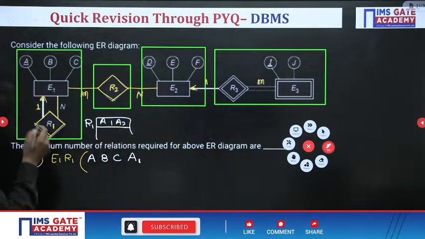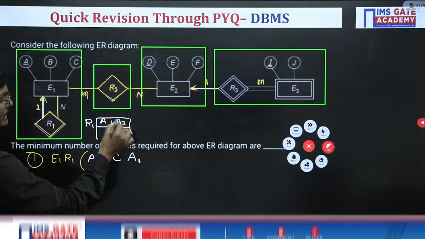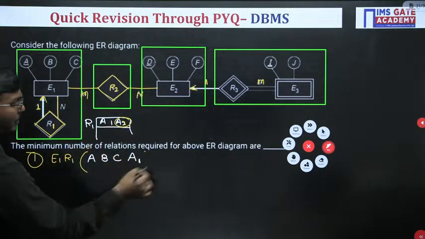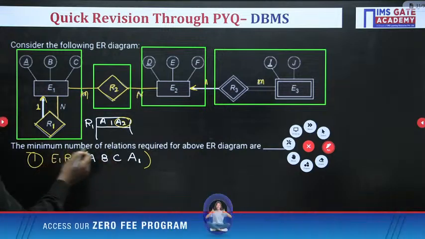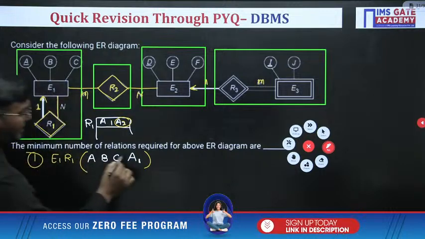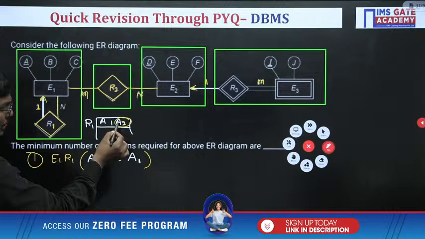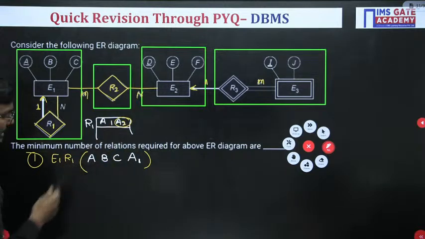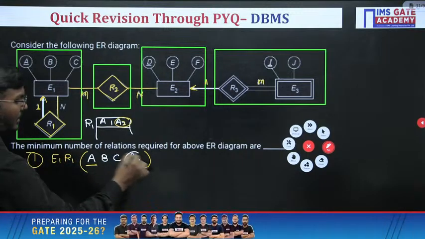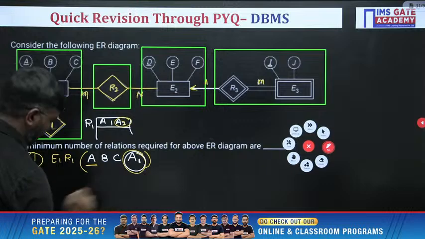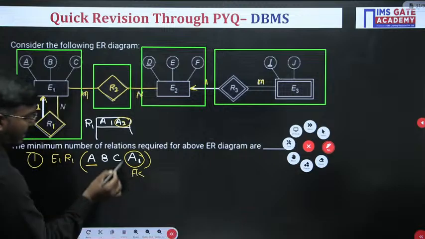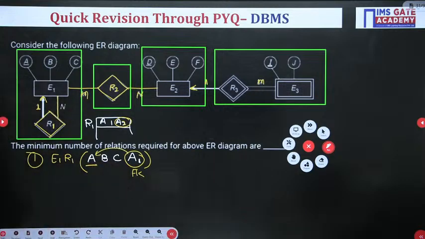Because we are merging towards the n side, A2 will be merged with A. So the key attribute will be A, and A1 will be a foreign key referring to this A.